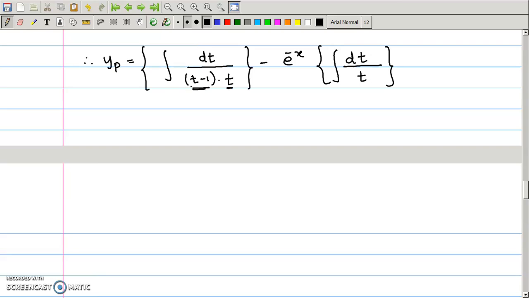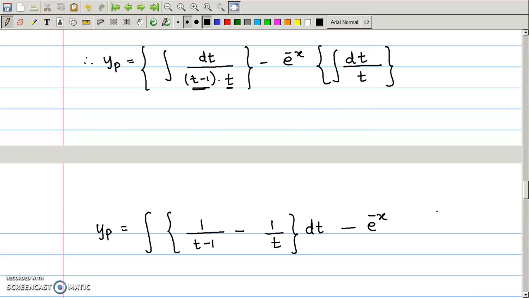So again, if we take a upon t minus 1 plus b upon t, cross multiplying, comparing the factors, then we can identify this as integration of 1 upon t minus 1 minus 1 upon t dt minus the second term e raised to minus x into integration of dt upon t as it is.